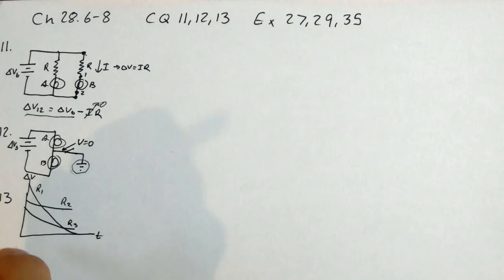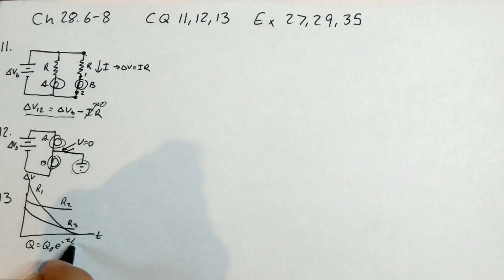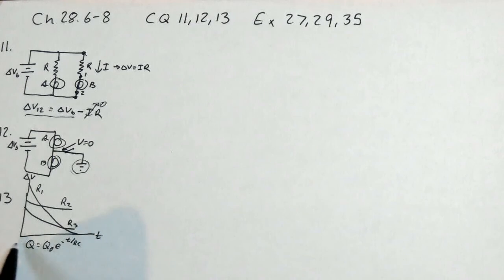Well, we have a relationship that says Q equals Q0 e to the negative t over tau, but tau is RC. So R is related to the charge on the capacitor, and the charge on the capacitor is related to C delta V of the capacitor.